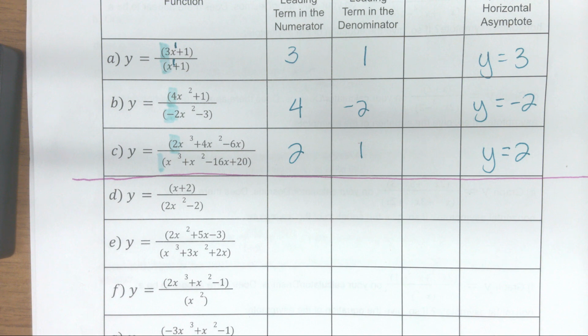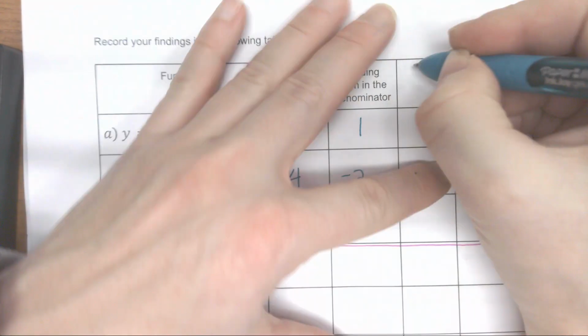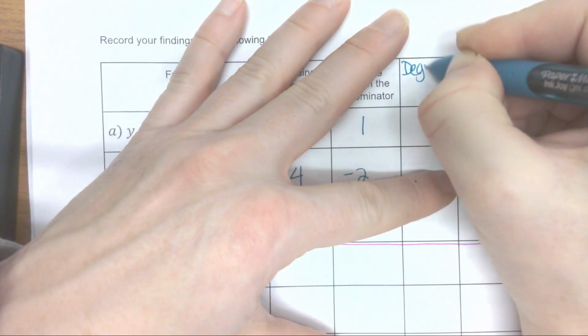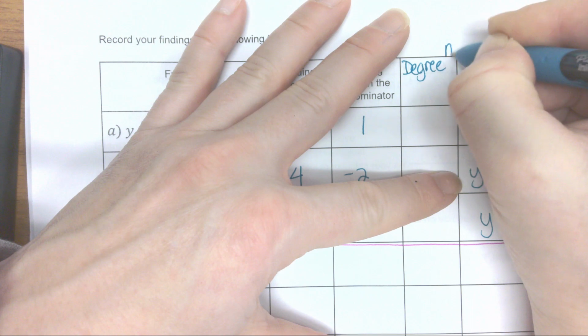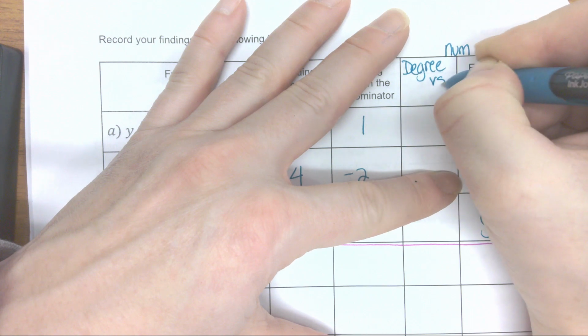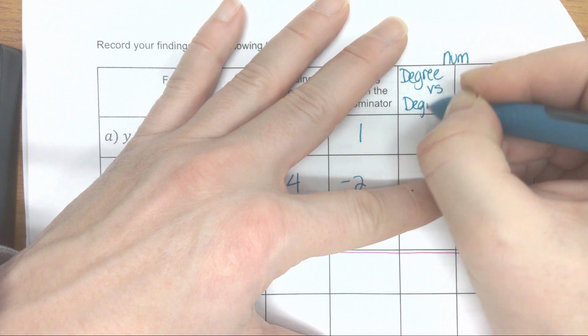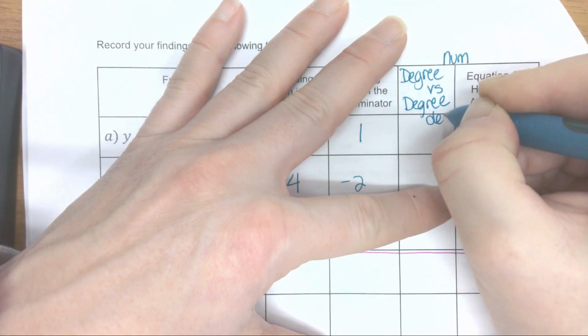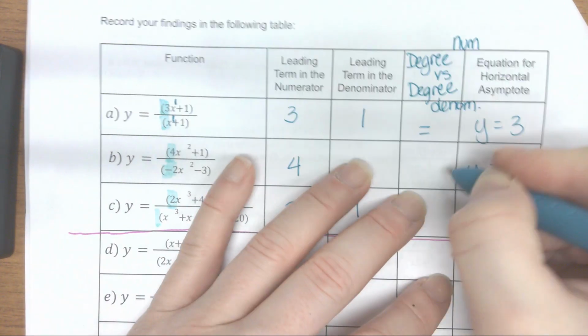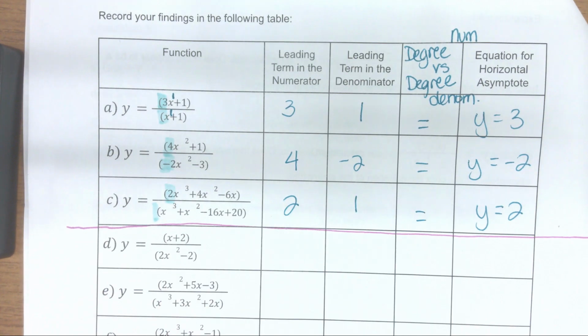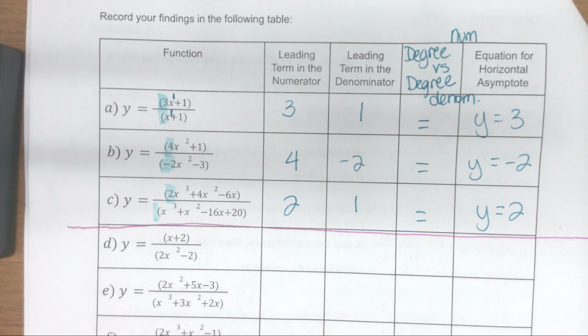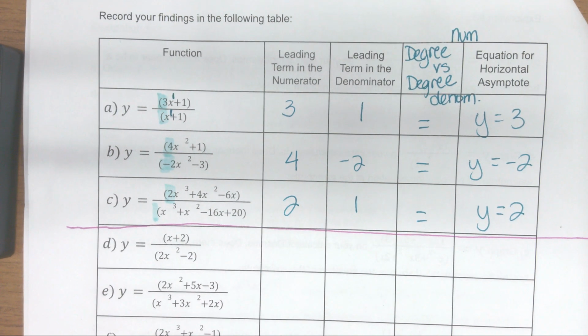Yes, they're the same. So what we're going to write here is degree of the numerator versus degree of the denominator. And in all of these cases, they are equal. So when you're looking for the horizontal asymptote, that is one thing you're going to figure out first.